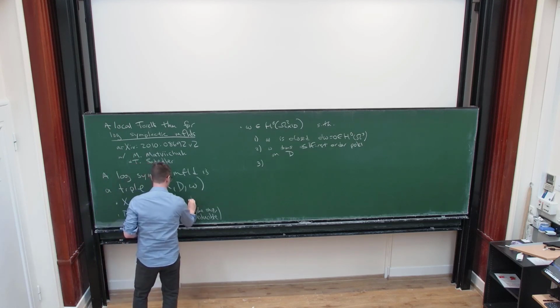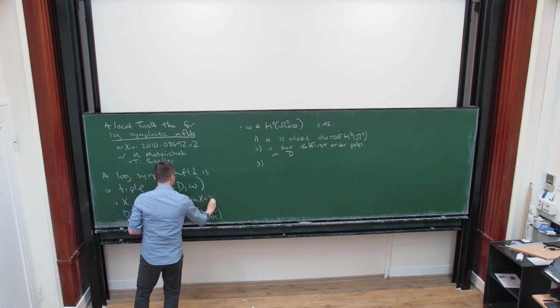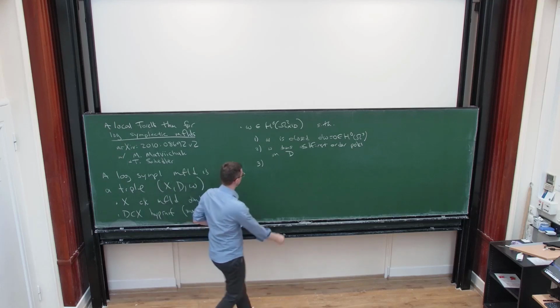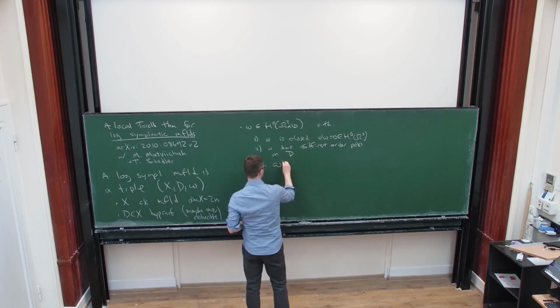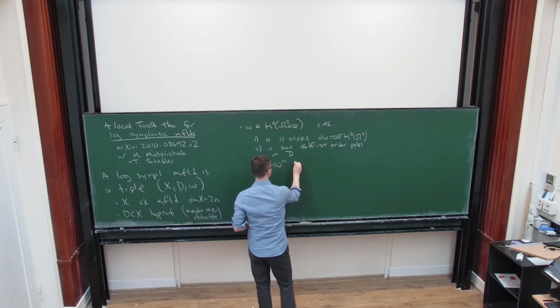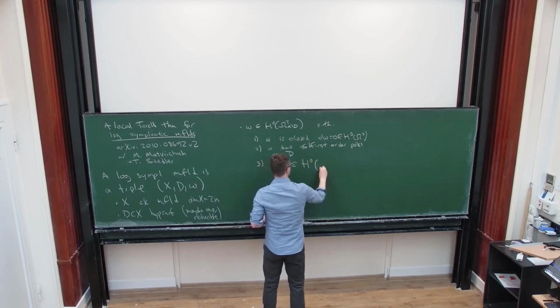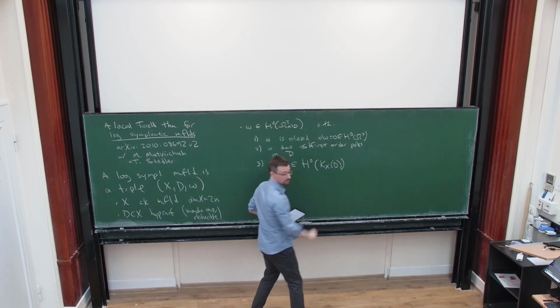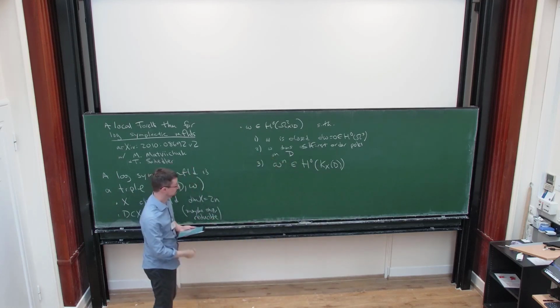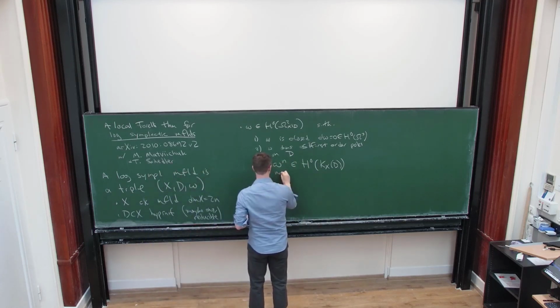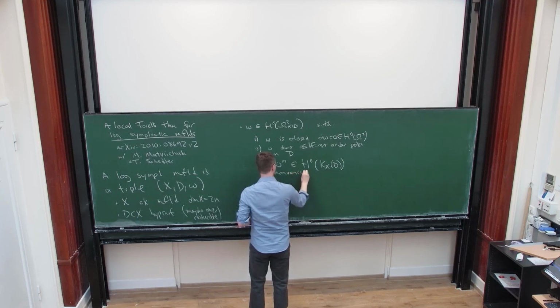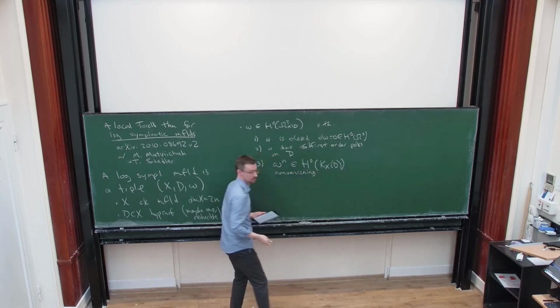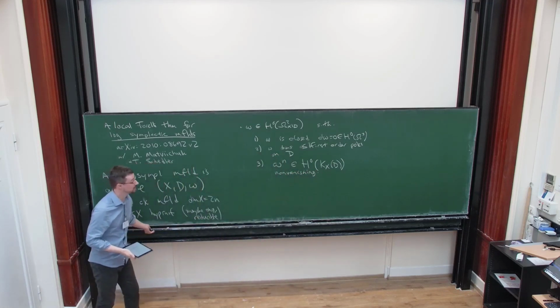I should say here that the dimension is always even. So in the logarithmic context, we require that the top power of omega, which is now a section of the canonical bundle of X having first order pole on the divisor, this has to be non-vanishing. Okay, so it's a straightforward generalization of the notion of a holomorphic symplectic manifold.